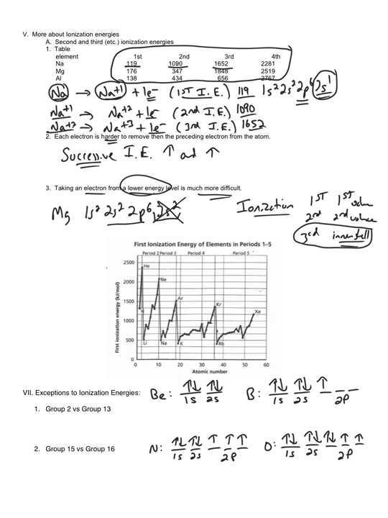Do we see that in the table? Okay, so if I look at the table, magnesium, the first one is 176, the second one is 347, and the third one, 1848. We see a huge jump of over 1,500 to do the third ionization, and that's because now we're pulling from the inner shell. Once magnesium has lost its 2 valence electrons, it has now reached a full state of shells.